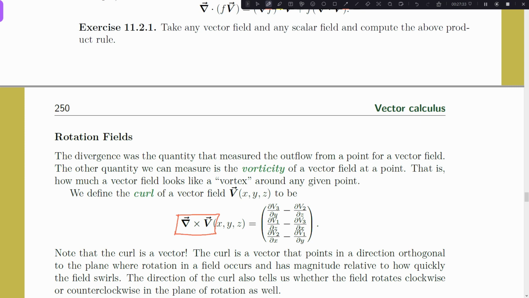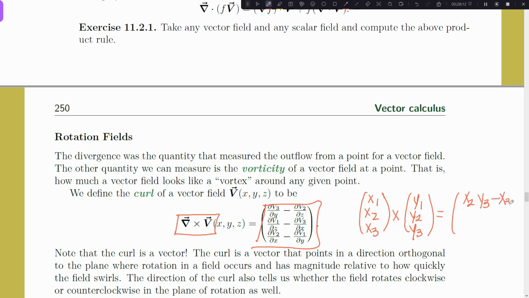So the cross product can take this very specific form. I promised I would show you the form earlier. So if you recall your cross product from the earlier chapters in this book, if I take x1, x2, x3, and I cross it with y1, y2, y3, by definition that gives me x2 y3 minus x3 y2, and then we have negative x1 y3 plus x3 y1.